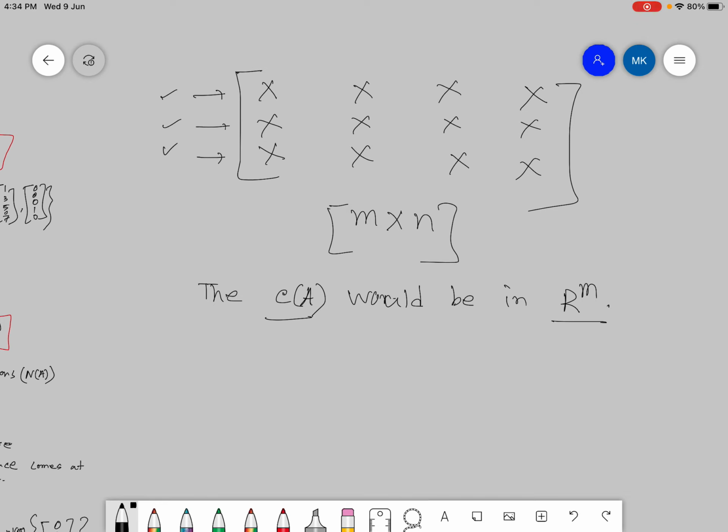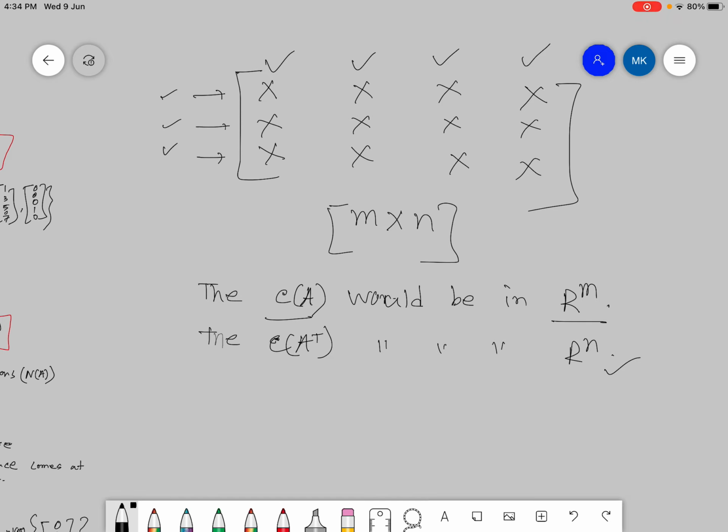Okay, and the row space would be in Rn, because as there are 4 columns, if you transpose this matrix, you will get 4 rows, right? So the row space would be in Rn.